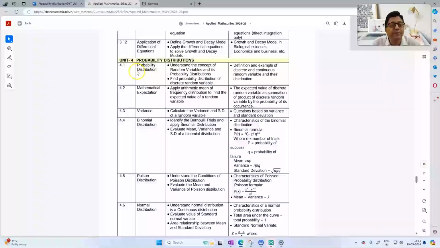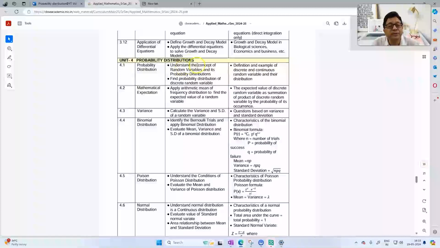You can see what you have to learn there, what the topic is, what the learning outcome is, and what topic exactly you are going to learn. It is probability distribution, mathematical expectation, variance, binomial distribution, Poisson distribution, normal distribution, all these come one by one, but today we will focus on the first chapter, which is probability distribution.